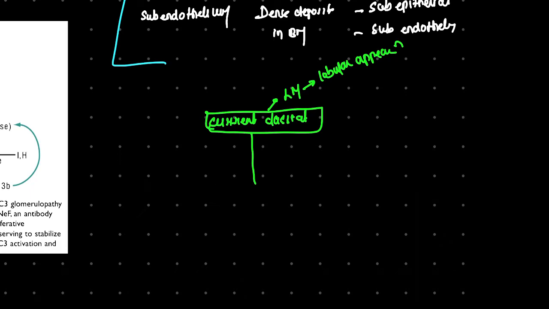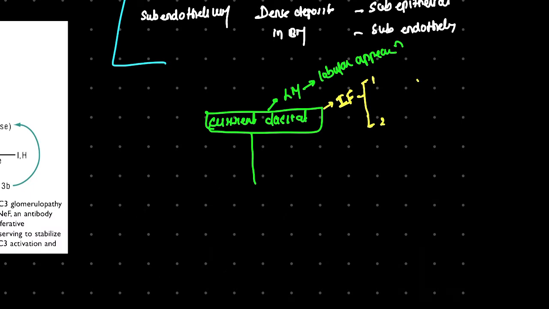After knowing about the lobular appearance, we'll do immunofluorescence. Based on it, we'll classify this MPGN into two classes, class 1 and class 2.